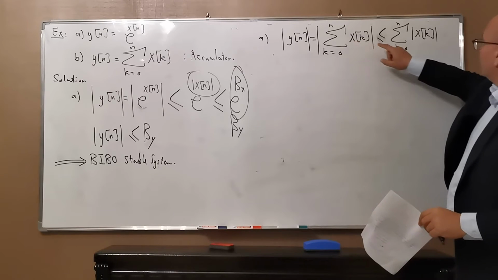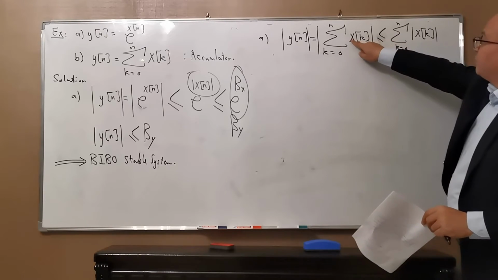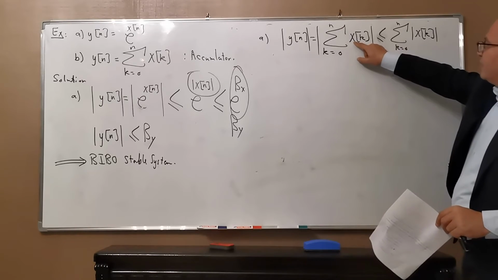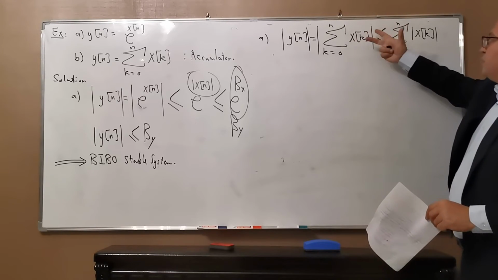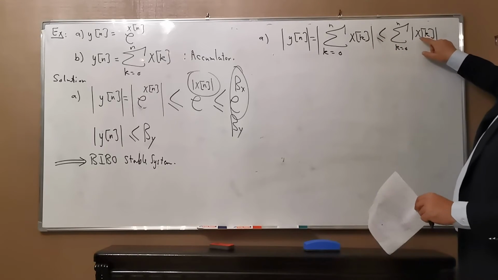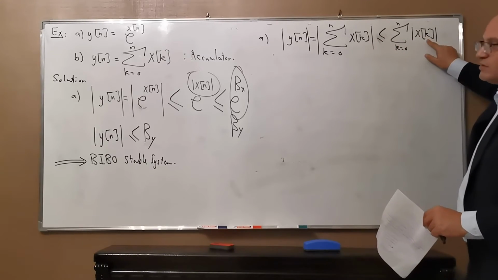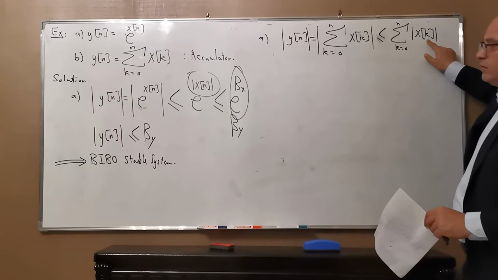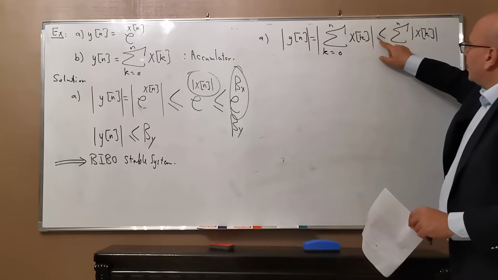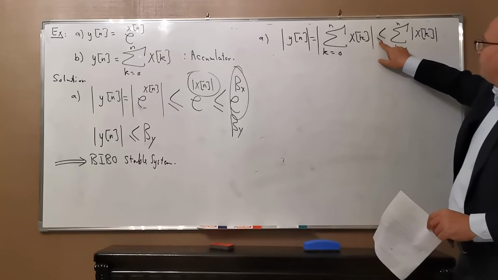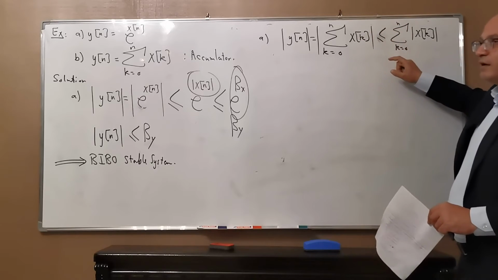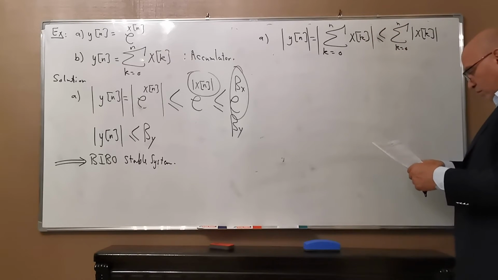This is true because if x of k has positive and negative values, then their summation could be positive or negative, but some of them will subtract from each other. If you take the absolute value, then all values are positive, so they will add positively. So their summation will definitely be greater than this. The equality holds if all x's are positive or all x's are negative.